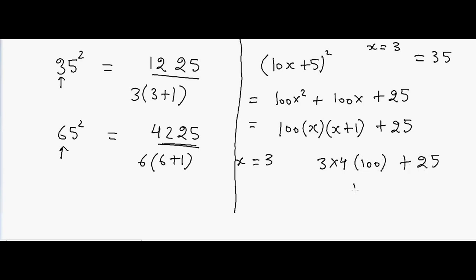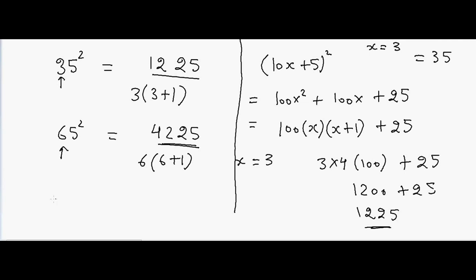That will give me 1200 plus 25, so we'll get 1225. This is how this trick works. Basically we are taking the first digit, multiplying it with the first digit plus 1, multiplying by 100, and then adding 25 at the end.